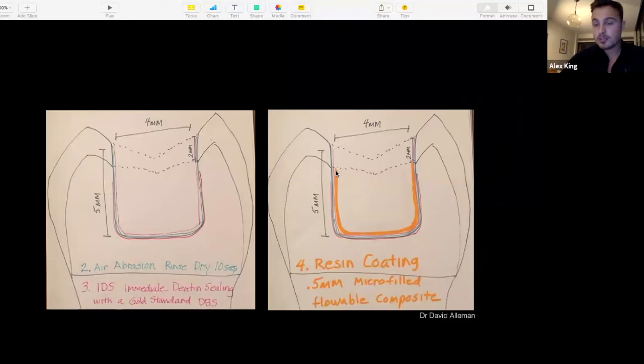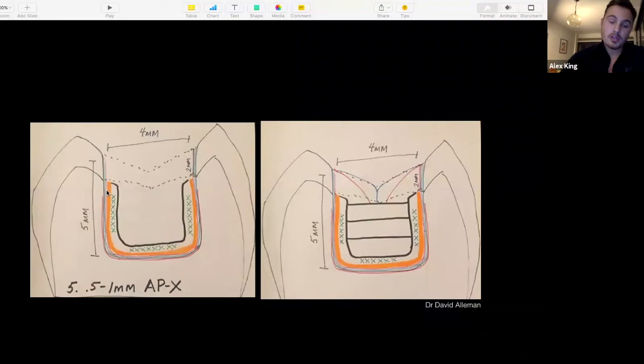And then here we take the second layer of our bio base, the resin coat, and we do a 0.5 millimeter or 500 micron layer, which is just the end of the BP probe, and we just coat the area the dentine would have been in. Okay, and then this black layer here on the left picture is now mimicking the third layer of the bio base, and that is the dentine replacement, which is the 1 millimeter.